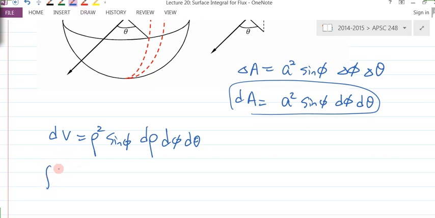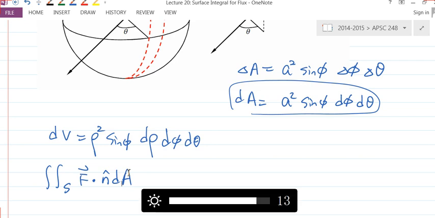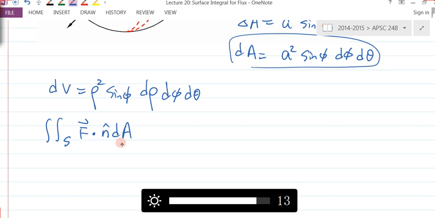This is the formula for the flux, and this is dA.